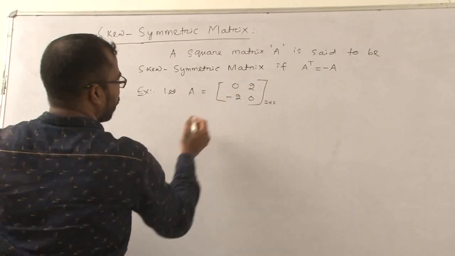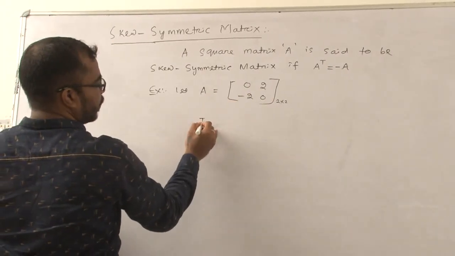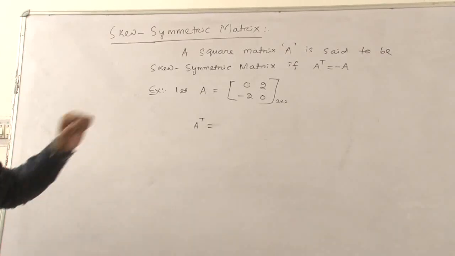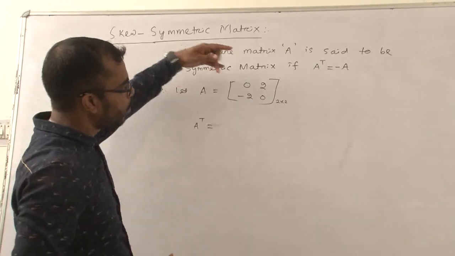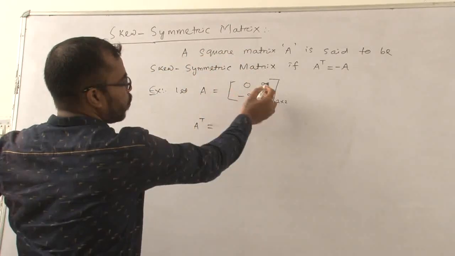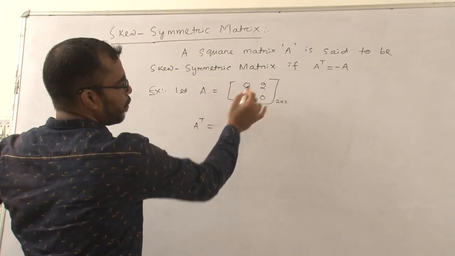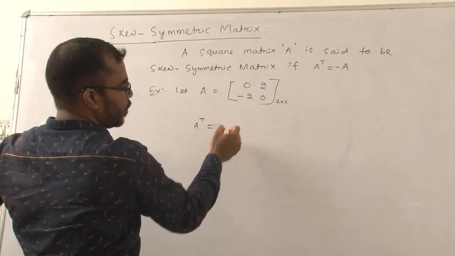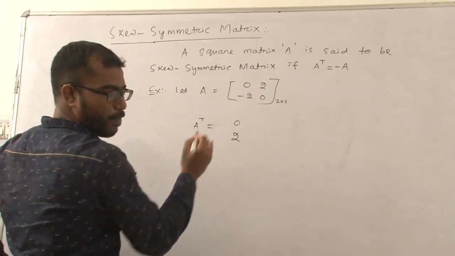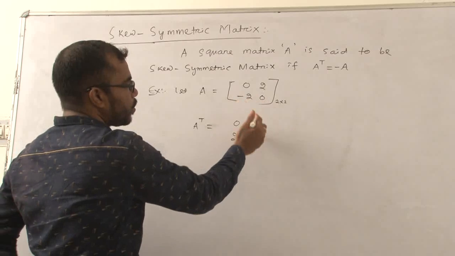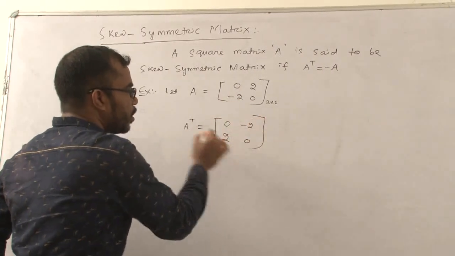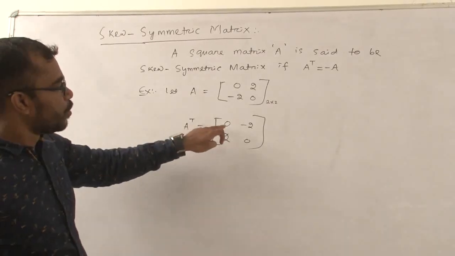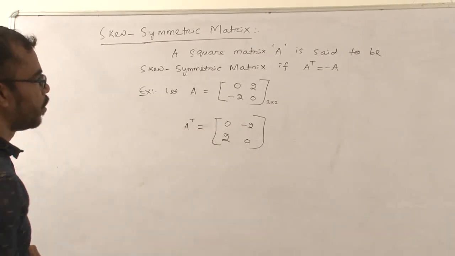Now first we find the transpose of A. Transpose of A means changing rows into columns. First row is 0, 2, changes to first column, that is 0, 2, and second row changes to second column, that is -2, 0. So the transpose of A is 0, -2, 2, 0.